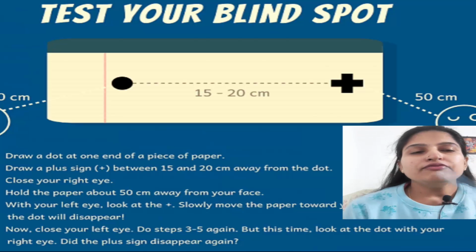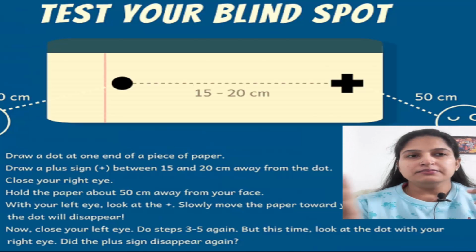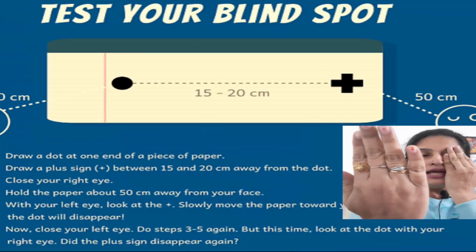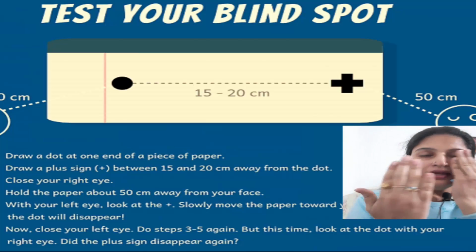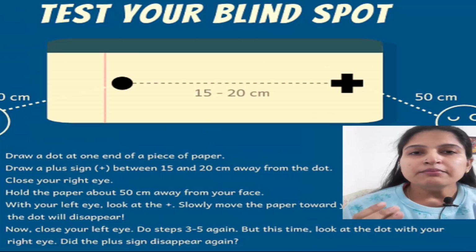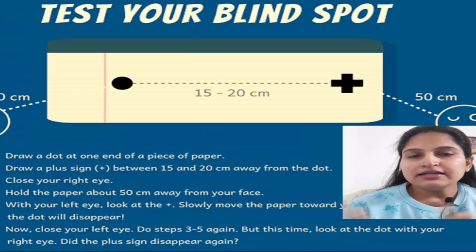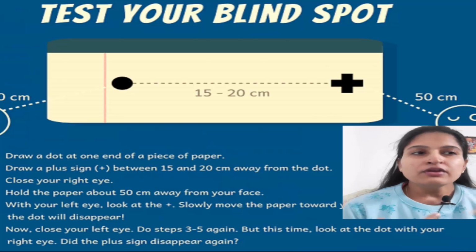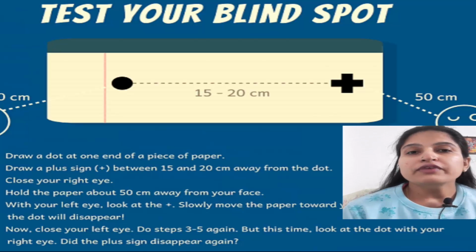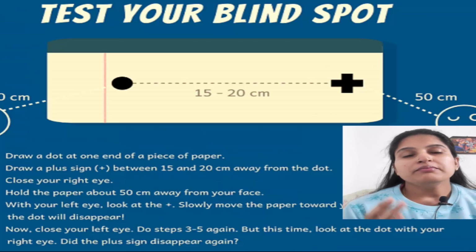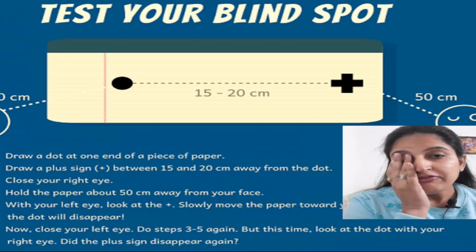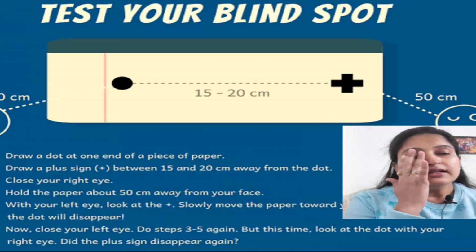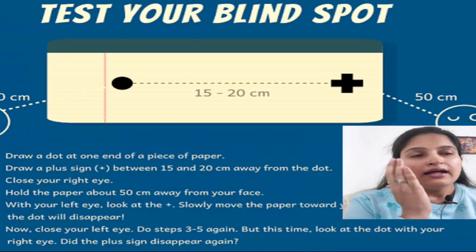When I focus on the dot and move this paper in front of my eye, there will be a certain point of time when I will not be able to see the cross. That is because of the phenomenon of the blind spot. You can do this by closing your left eye and looking at the cross instead.